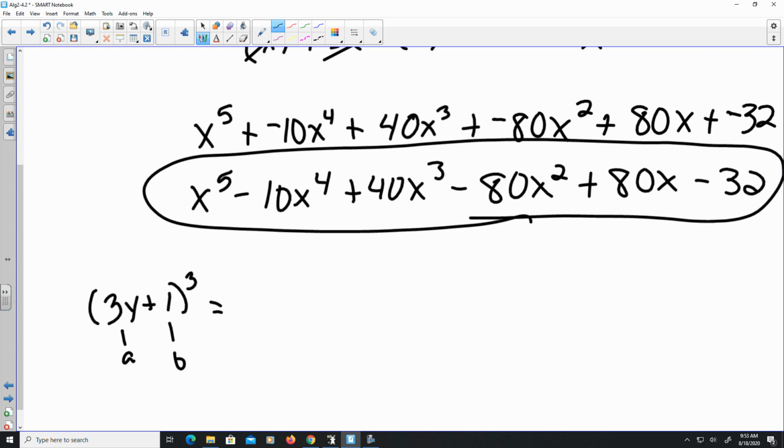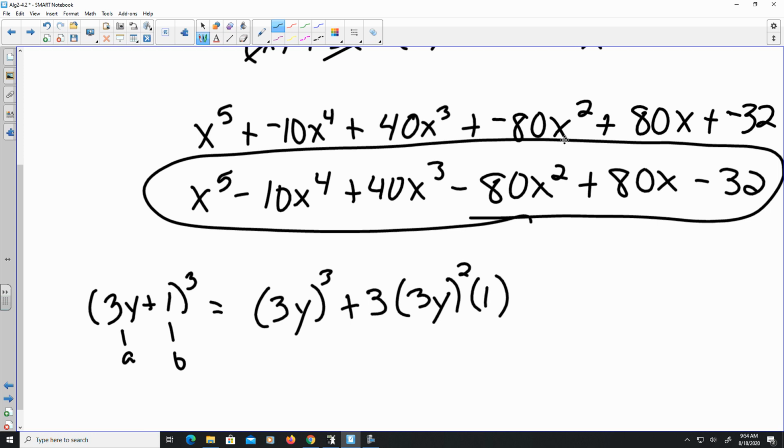So this one's going to be 3y to the 3rd plus 3 times a, which is 3y squared, times b, which is 1, plus 3 times a, which is 3y, times b squared, which is 1 squared, and then plus 1 to the third.